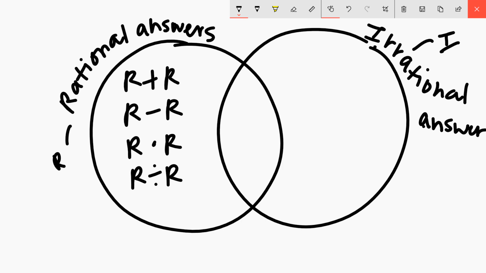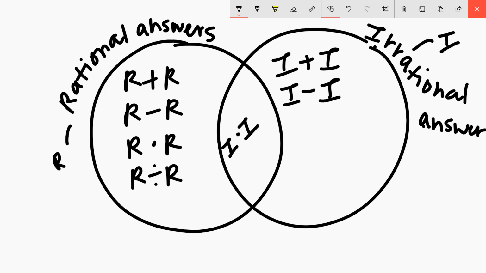Partially true for irrational answers. If I'm adding two irrationals or subtracting two irrationals, I will get an irrational answer. Special case is this: if I multiply two irrationals or divide two irrationals, I could get either type of answer. We'll give some examples at the end.